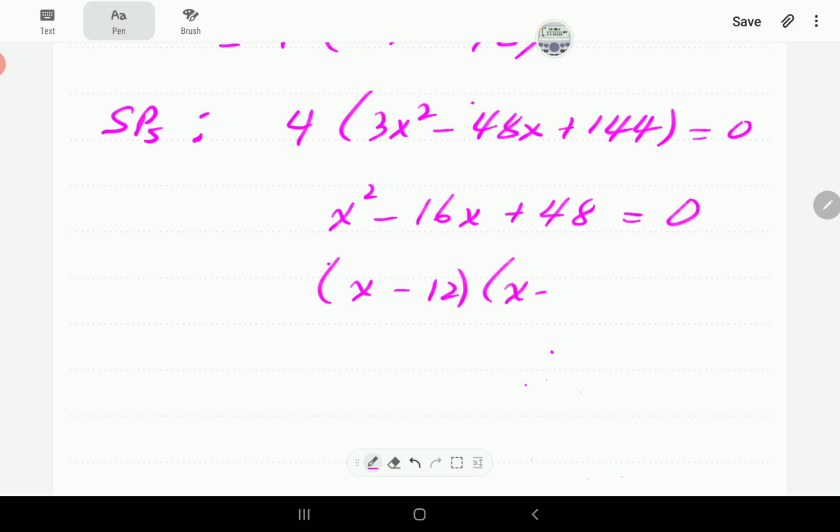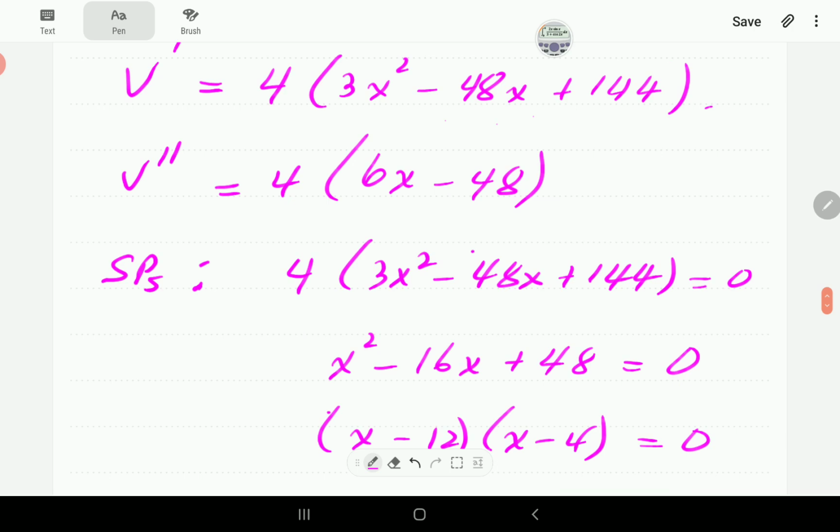If we factorize this, it factors out to (x minus 12)(x minus 4). So that means the stationary points are either x equals 12 or x equals 4. We want the one that gives us maximum volume.